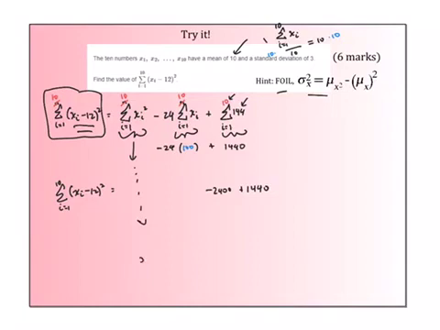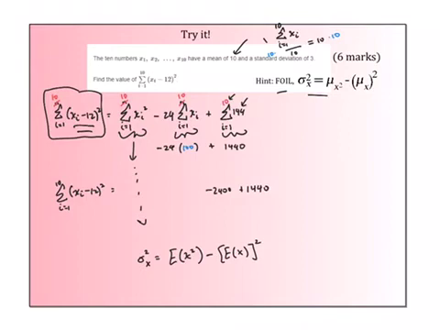Well, we know that variance is equal to the expected value of the x squareds minus the expected value of x squared.